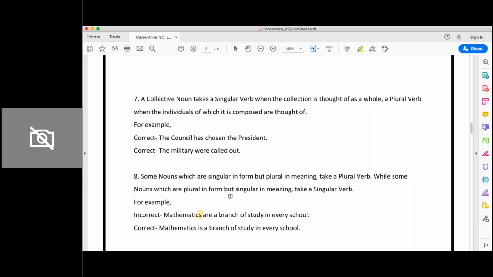Usually, how do we differentiate between singular and plural? Plural will always have s in 99% of the cases, right? Now, the words mathematics and physics, which are the names of subjects, despite the fact that they end with s, refer to a singular subject and need to have a singular verb behind them.